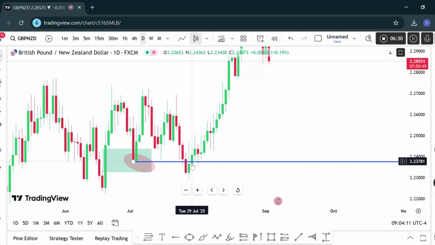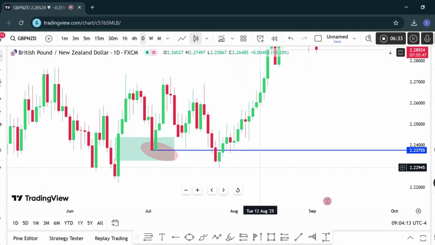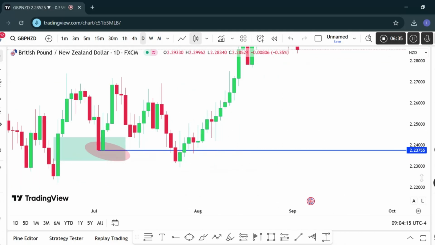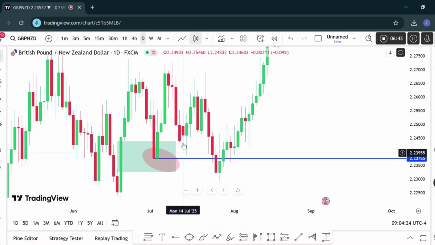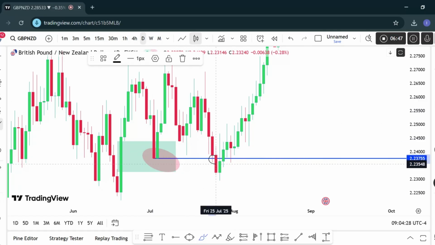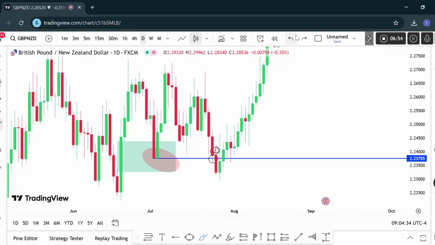When the market comes to that inducement, you need to wait for a market structure shift. What is the market structure shift? There are so many people who make this stuff very confusing, because when you see the market almost hit that and it gives a market structure shift in 5 minutes, if you believe that, you will get smoked.